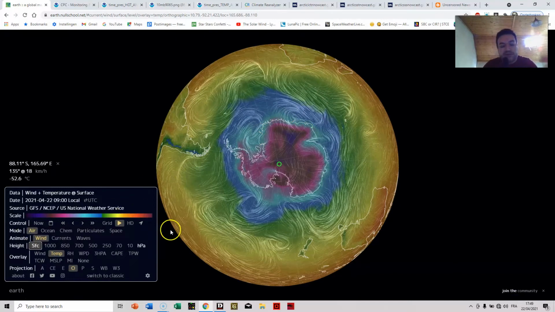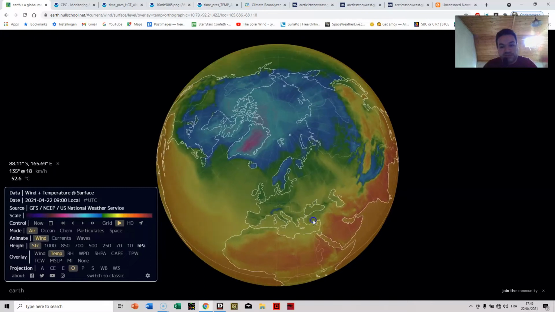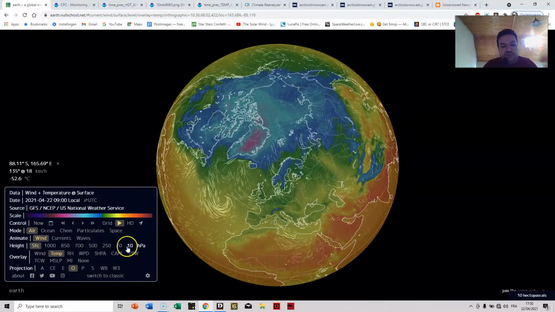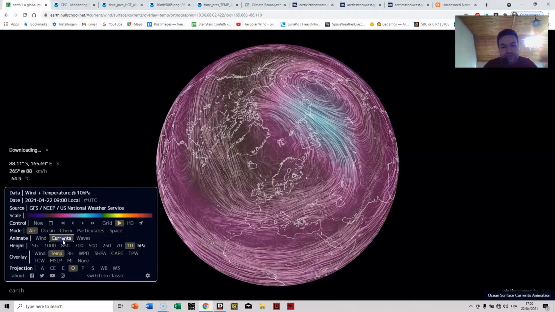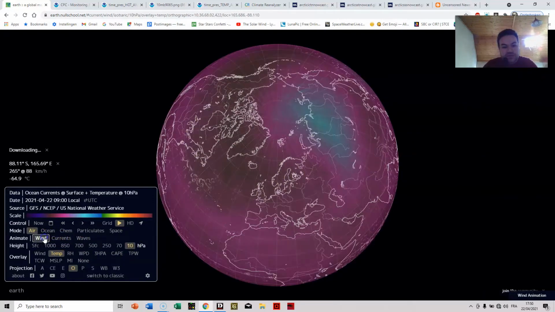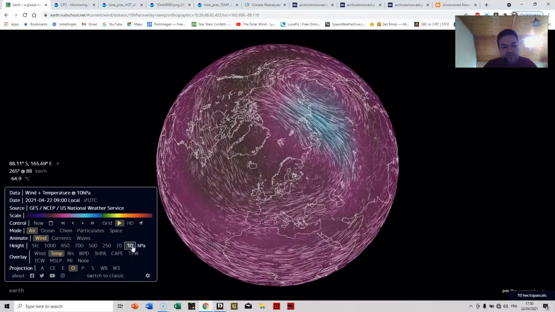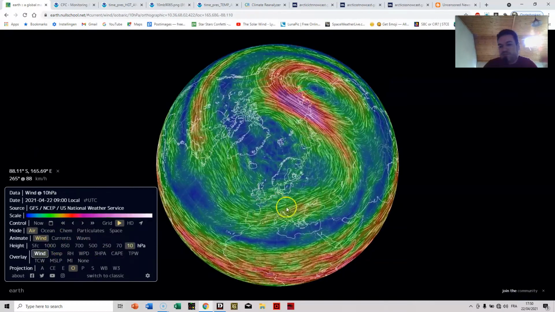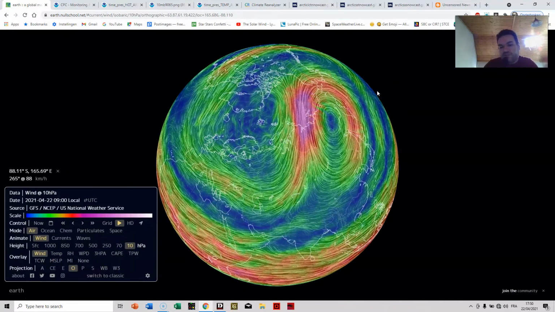If you look at the northern hemisphere, this is an entirely different story. If I put the 10 millibar overlay with the wind currents, let me just put the wind, yes, where is it? Yep, there it is. So here we see a different story.